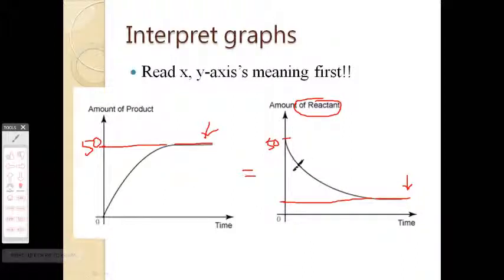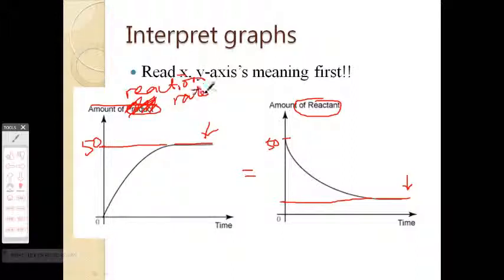So when you look at the questions, you have to make sure that you know what the axis means before you can interpret the meaning of the graphs. Sometimes I don't use product, I change it to reaction rate. So what does it mean now?